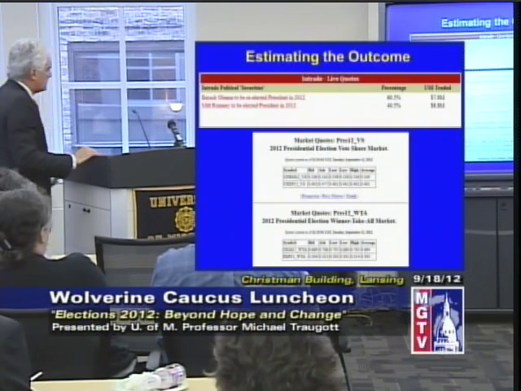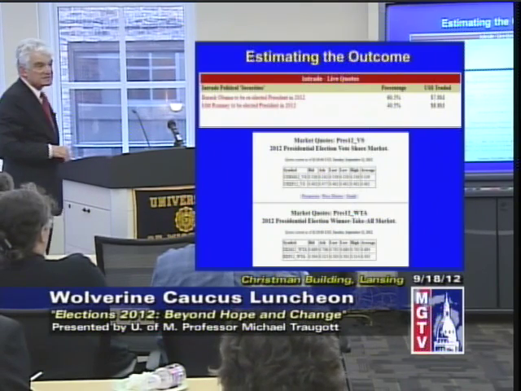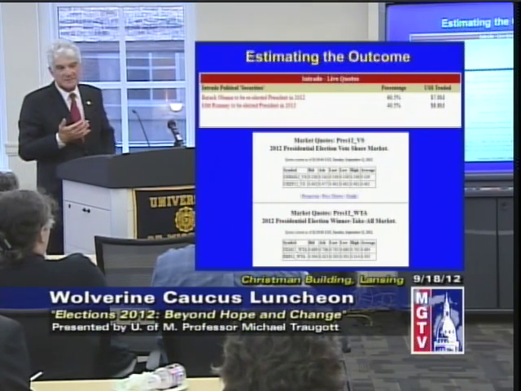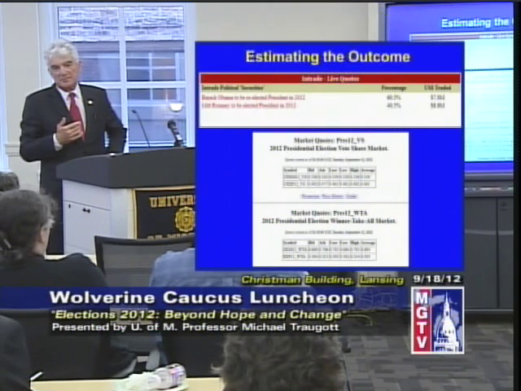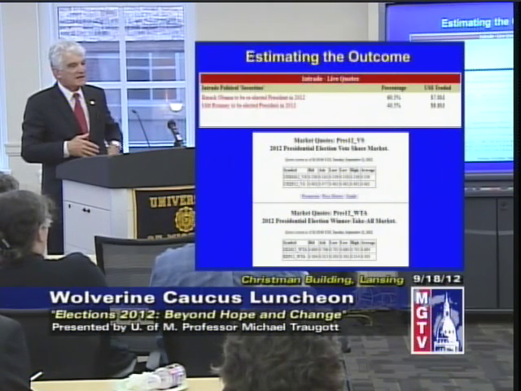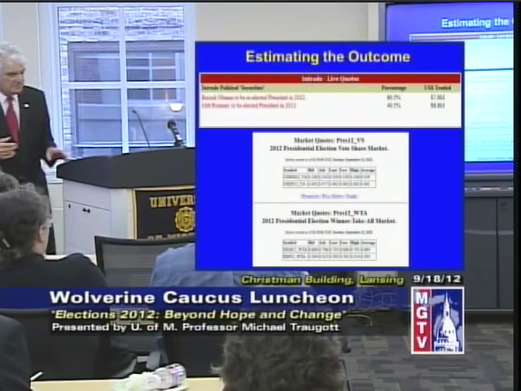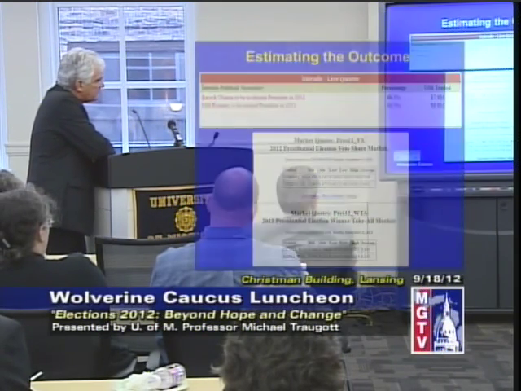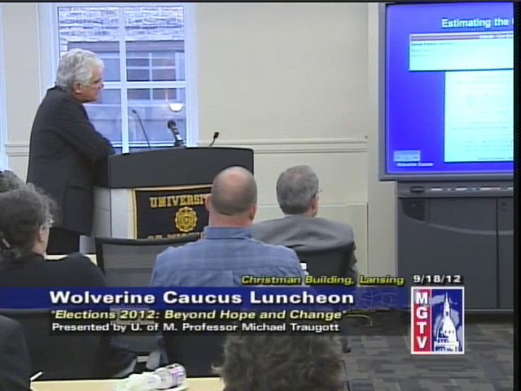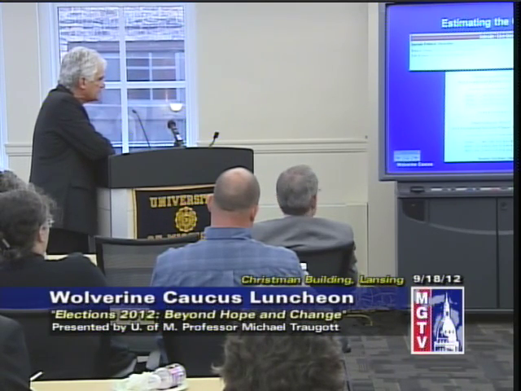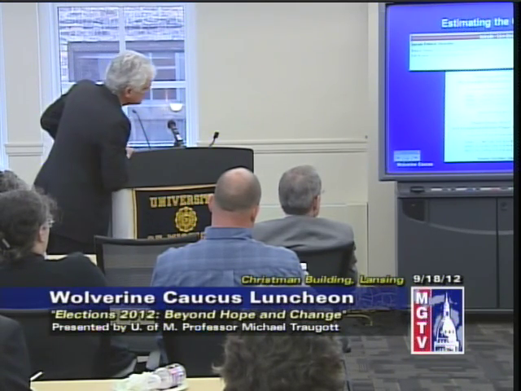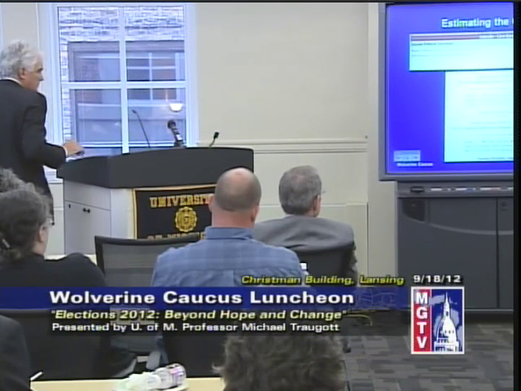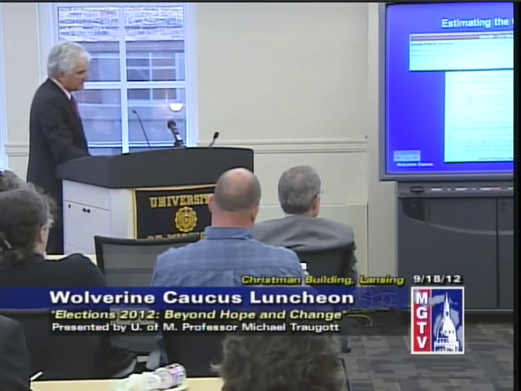There's a market that's run by the Department of Economics at the University of Iowa. It's very similar. They create special markets for a variety of public events, and they also have 53.9% for Obama and 69.4% is the probability that he'll win.